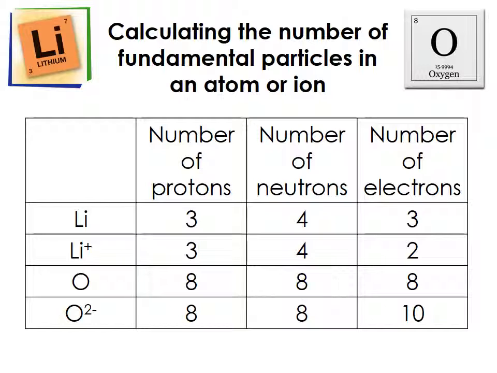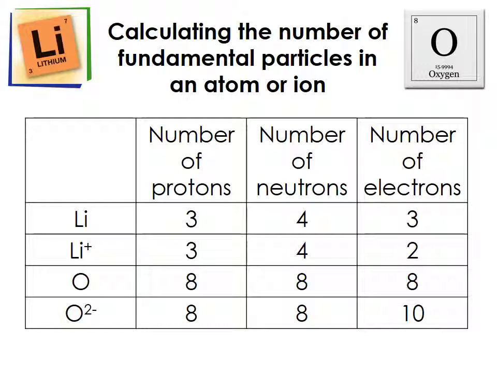For oxygen, you've got a mass number of 16 and an atomic number of 8. So the number of protons is equal to the atomic number, that's 8. It's electrically neutral, so the number of electrons is also 8. In this case it's very symmetrical, because 16 minus 8 is 8, so we've also got 8 neutrons.